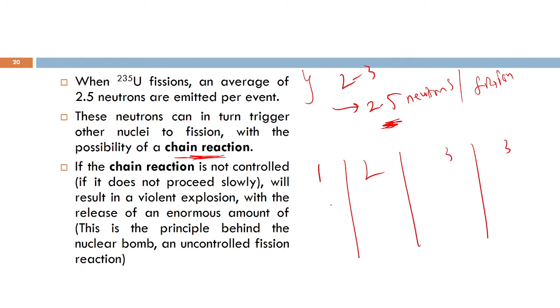At the first stage, you get 2 to 3 neutrons. At the second stage, the two neutrons will fission with two uranium nuclei, and this will again produce 2 to 3 neutrons each.